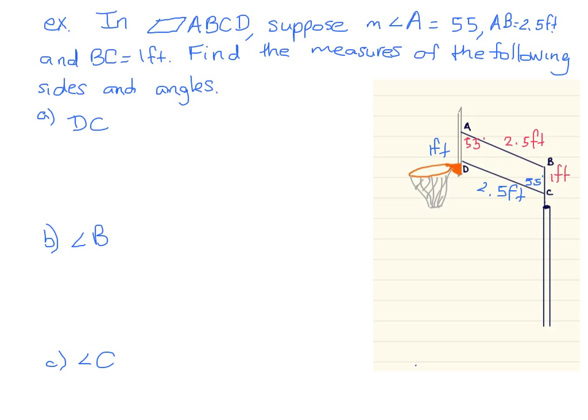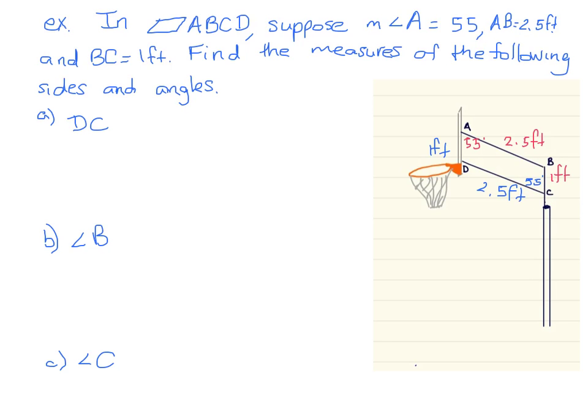All right, and we also know finally that consecutive angles are supplementary to each other. So this angle here plus this unknown angle here have to add up to 180 degrees, which means that if we want to find angle B, we know that this angle and this angle, when you add them, are supplementary.